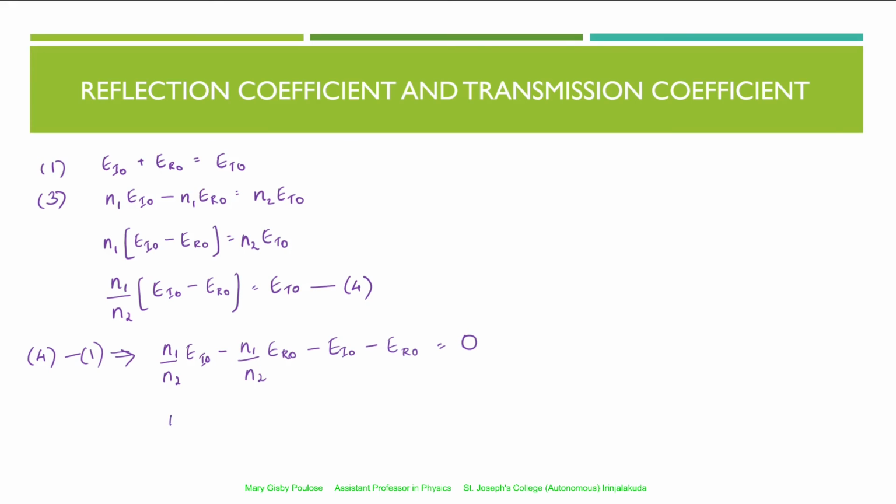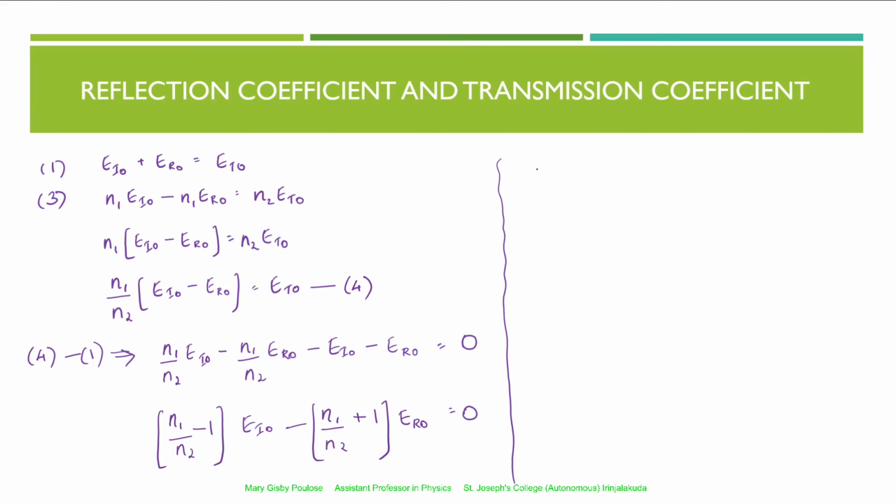That is n1 by n2 minus 1 into Ei naught minus n1 by n2 plus 1 into Er naught is equal to 0.